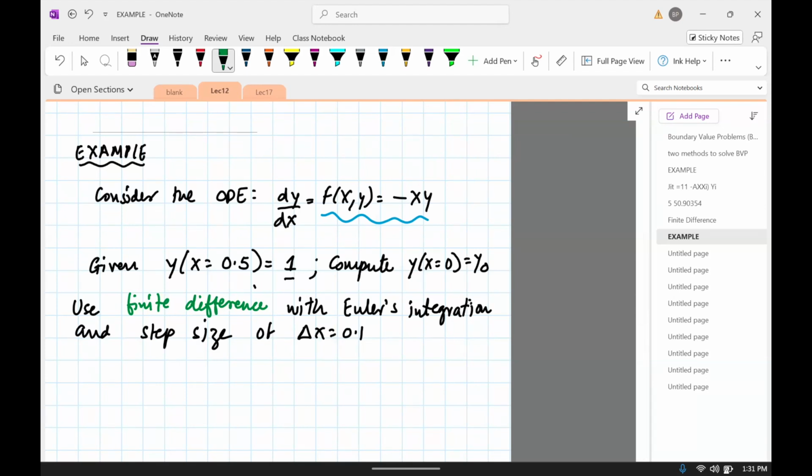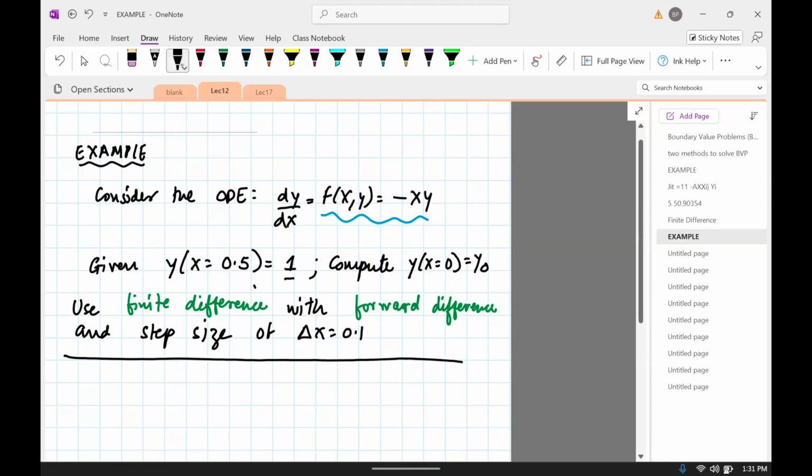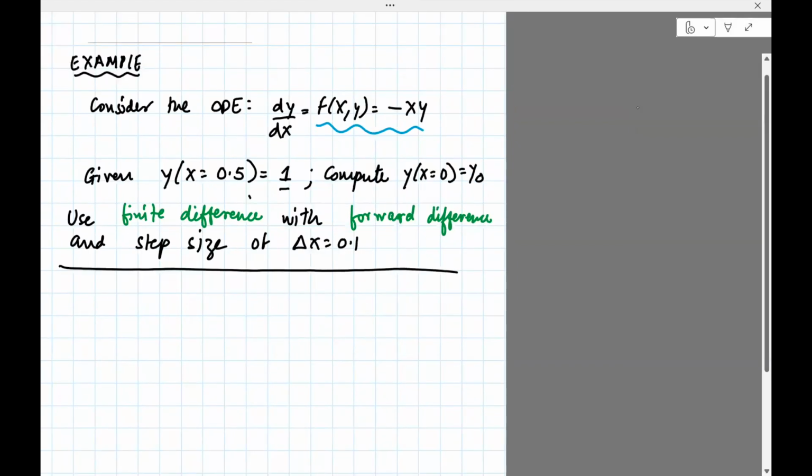I might want to say here, use forward difference. So it will be a little different. You can use it with forward difference. Note that this is different from the differentiation I used before; this one uses forward difference. That's a different thing altogether. Okay, so let's see how to solve this.